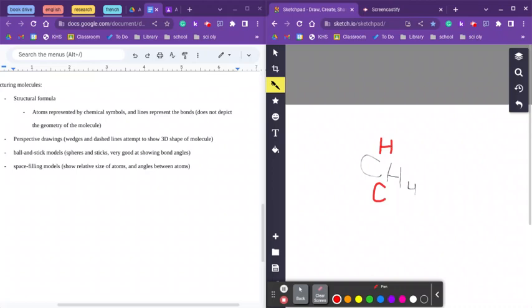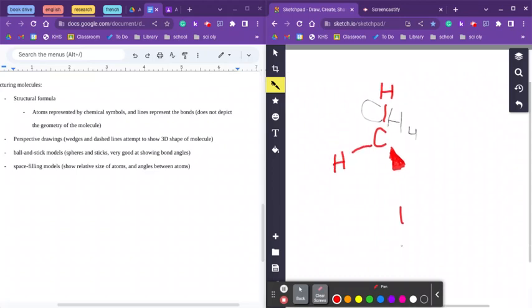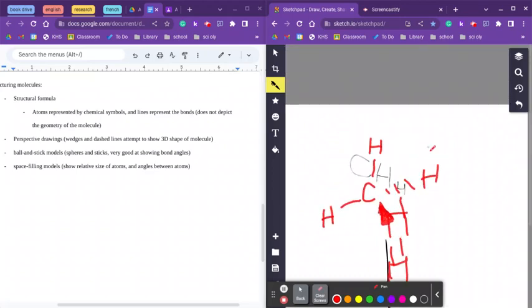The wedges and the dashes help us to show depth. The wedge will be something like this, colored in, and it shows that it's coming forward a bit. Pretend that that is just a normal H. And then here is the dashed lines shape. Usually it's in the shape of a wedge, but it's just dashed lines, and that shows that it's behind a little. All right, so that's one way.